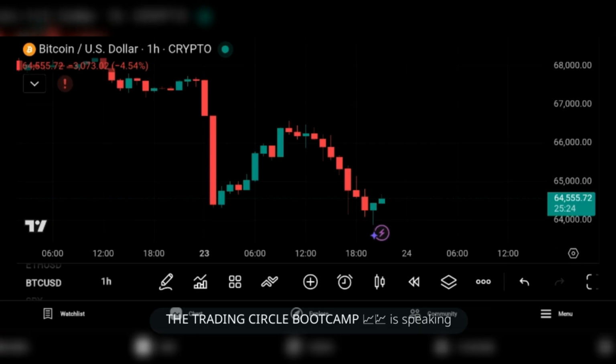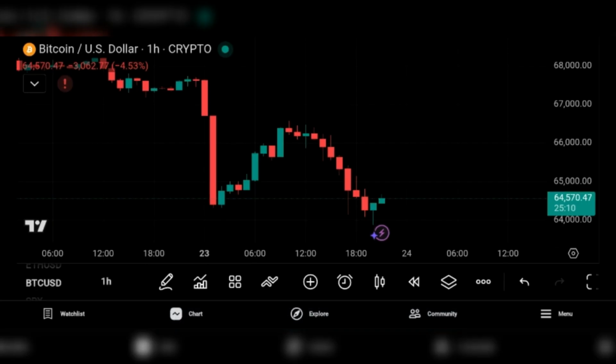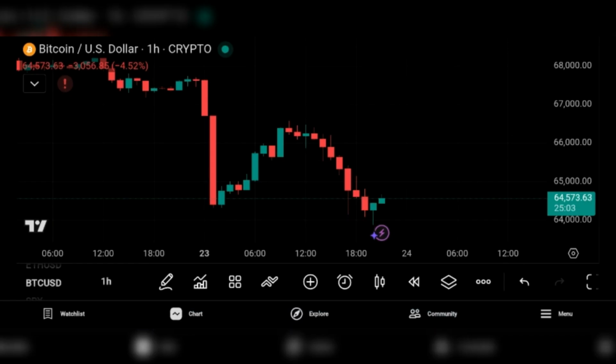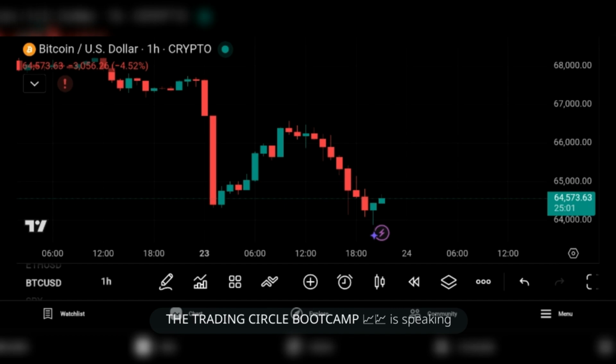So let me take the candle before the current one. It's like a small hammer with a long straight line. Now, that long straight line is called a wick. It's called a what? A wick. That long straight line is called a wick. Now, the reason why you see that long straight line, if you notice, you won't see it in every candle.